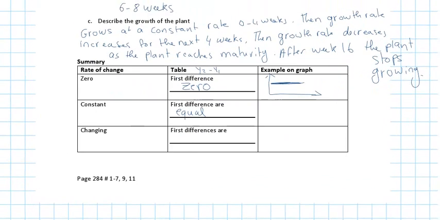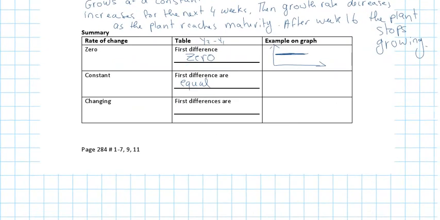In the graph, it will be a straight line. And if the rate of change is changing, your y2 minus y1 will be changing, and you'll see a wavy or curvy graph, not a straight line.